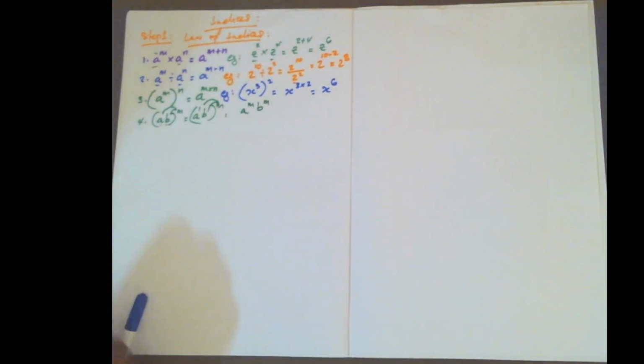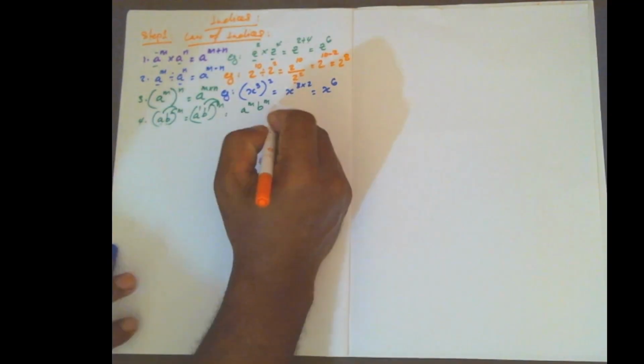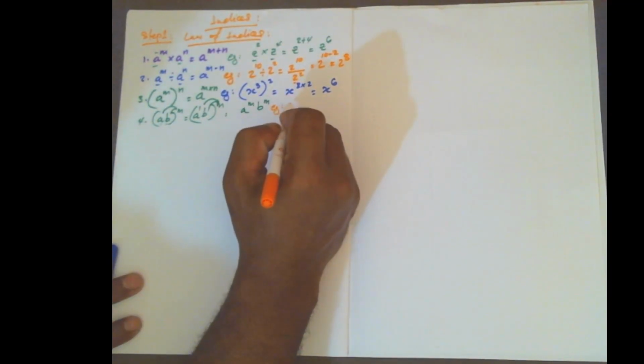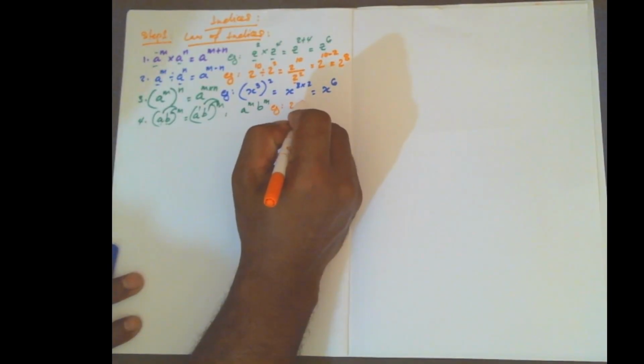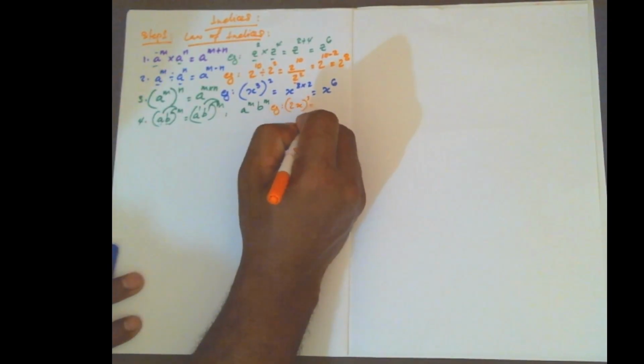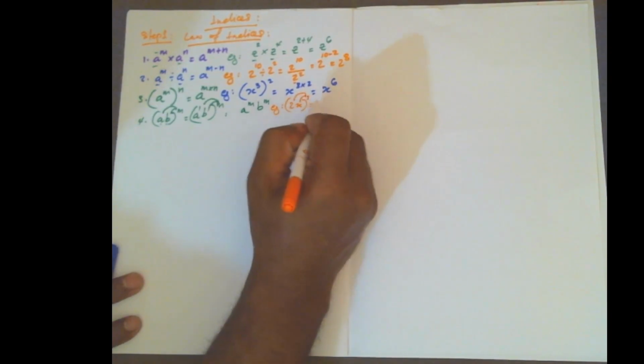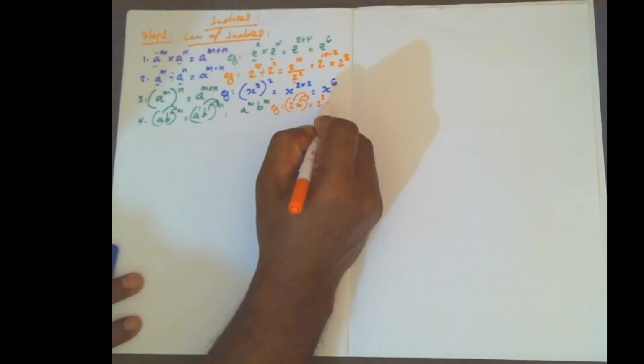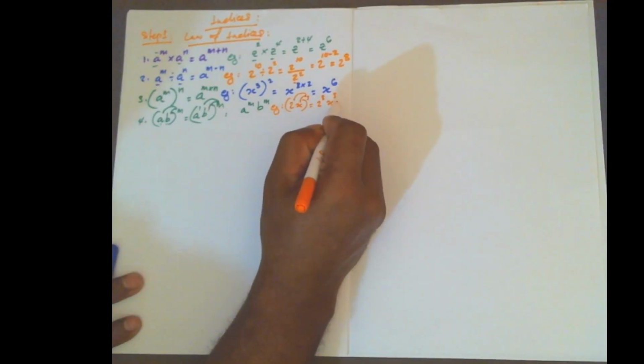Let's look at some examples. Let's say 2x to the power of 3. So this power goes here and also here. So this is 2 to the power of 3 and x to the power of 3.